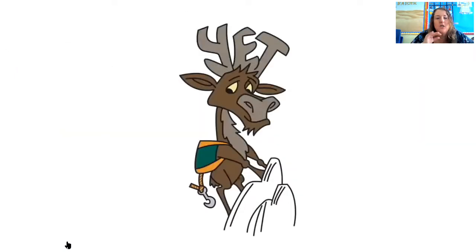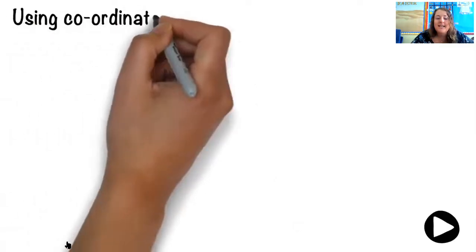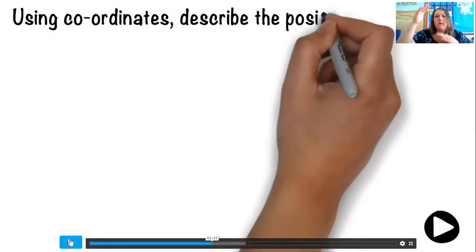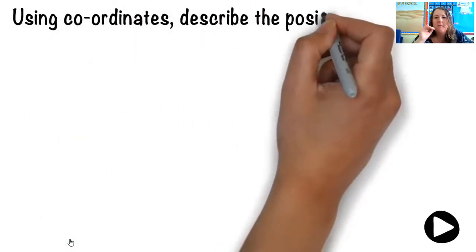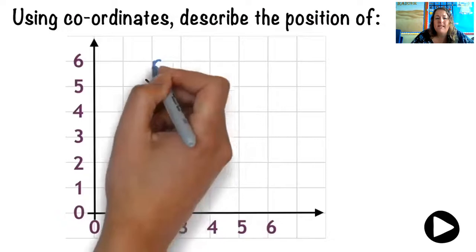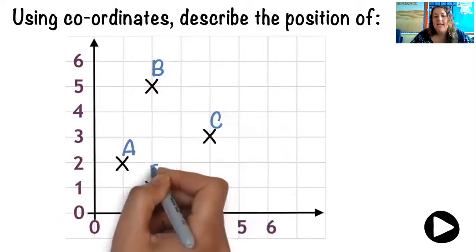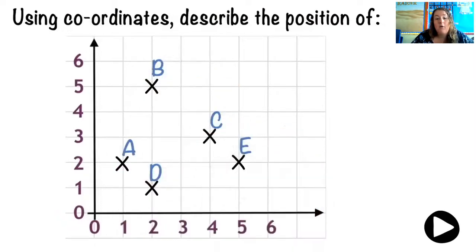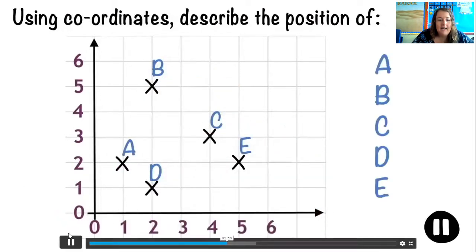Okay, so from this, just like we would do in school, these are already on your sheet. On the first page of the home learning sheet that I've popped onto Dojo for you, onto the PDF, this is going to be the top left box. You can pause it, and we'll go through it just like we do in school. It says using the coordinates, describe the positions of A, B, C, D and E. This is the exact same one that you should have at the top of your sheet.